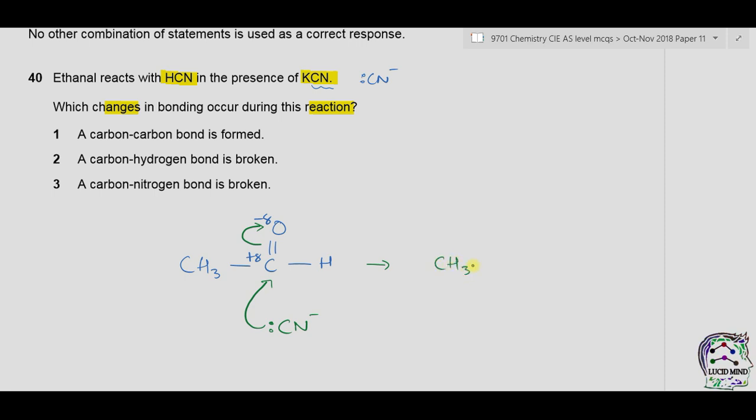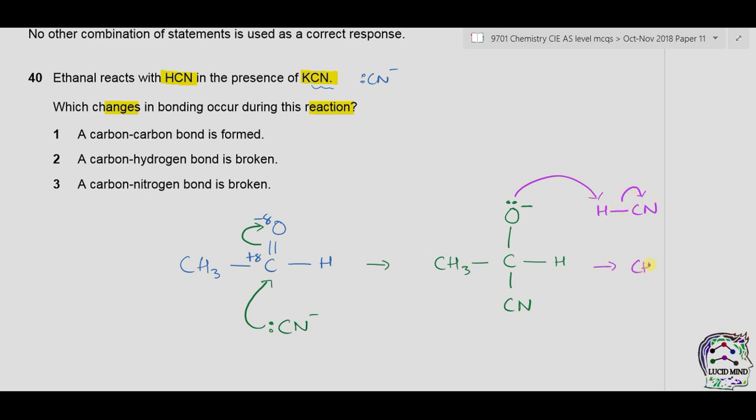and the product formed is CH3C, CN is attached. And now this bond becomes single, oxygen becomes negatively charged. Now this oxygen will attack hydrogen atom from HCN and this bond is broken.